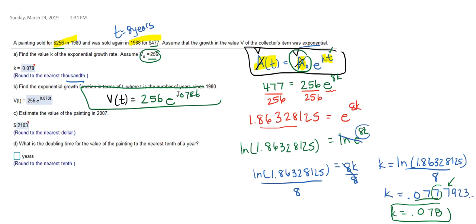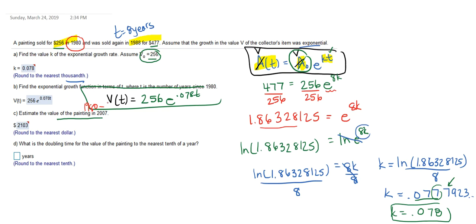So now that we have the function, we can make predictions. And in the next step, we want to estimate the value of the painting in the year 2007. So it's important when we want to evaluate the time that we go from the original time, 1980, to 2007 to get the years.